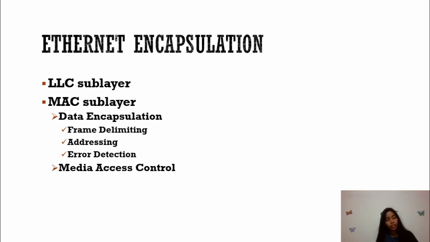The media access is the second responsibility of the MAC sublayer, and it is responsible for the placement of frames on the media and the removal of frames from the media.